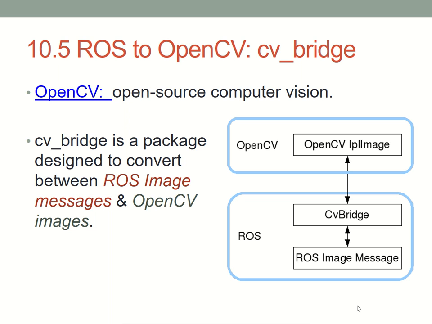It's a little bit like you say ni hao to me, and I change it to English and I say hello. I convert one to the other. And then you do the manipulations here, change colors, find the face, whatever it is. Then the output might be a black and white image or a square around the face or whatever that is. You convert it back to a ROS image, and then you display it. So that's what OpenCV Bridge is.